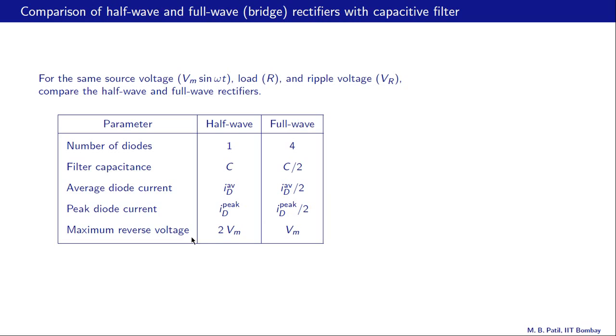Maximum reverse voltage, in this case it was 2 times Vm. In the full wave case it was Vm. So although the full wave rectifier requires 4 diodes as opposed to 1 here, it requires a smaller capacitor, and also the diode specs are less stringent in the full wave case, and that is an advantage.